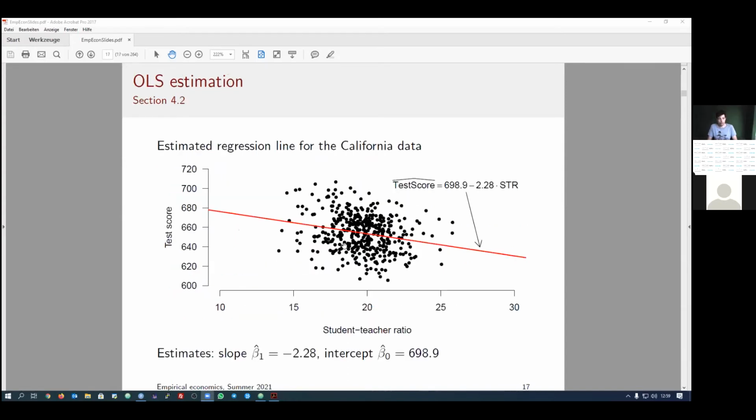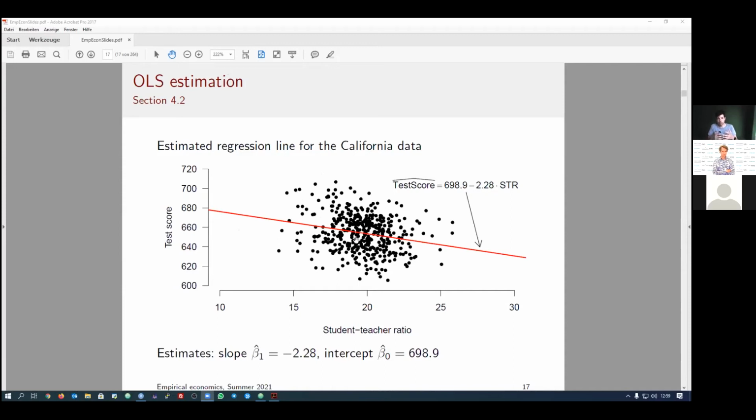Let's have a short look back at our scatter plot. As we can see here, obviously not all the points are on the line, and not all the points are even close to the line. We have some points that are very close to our regression line, but we also have some points, like this point up here or that point down here, that are very far away from our regression line.